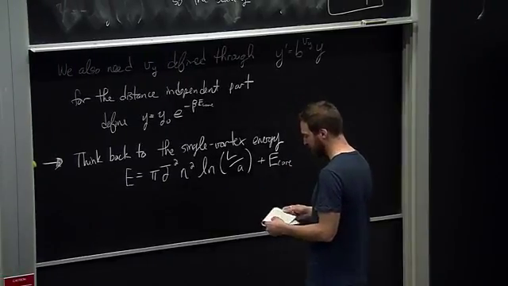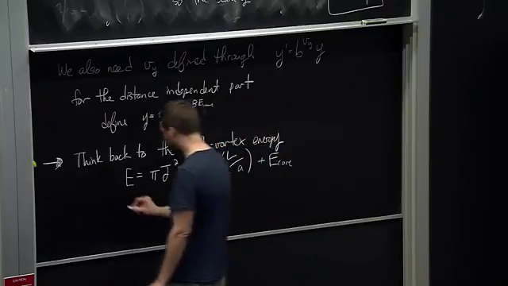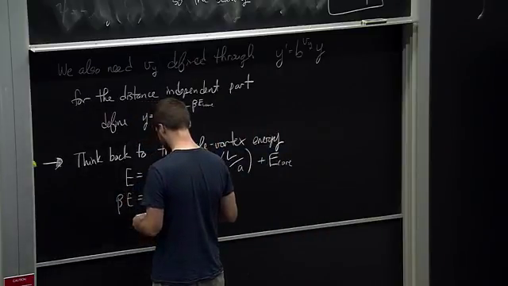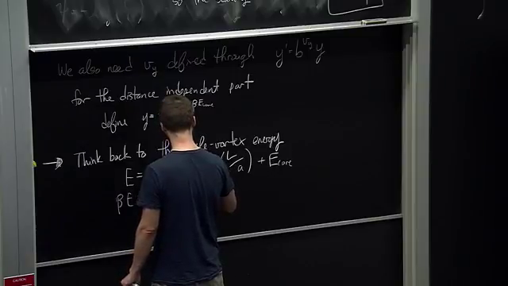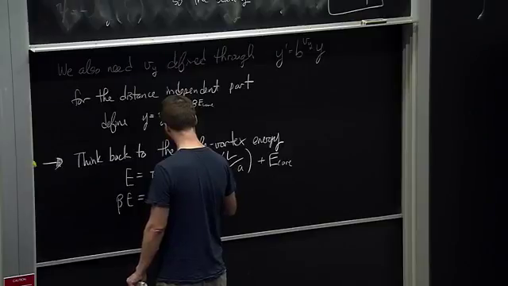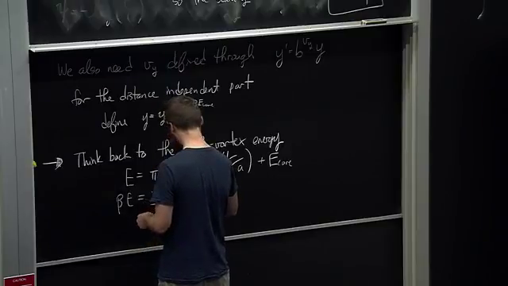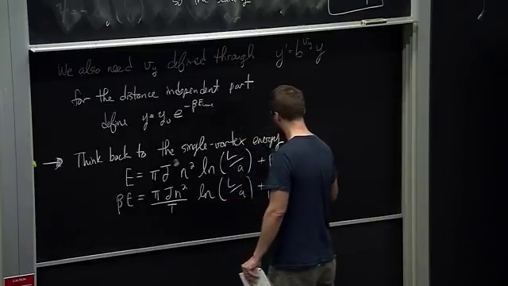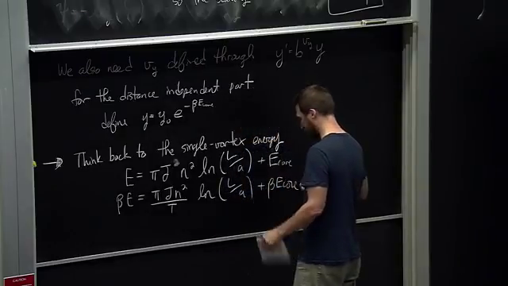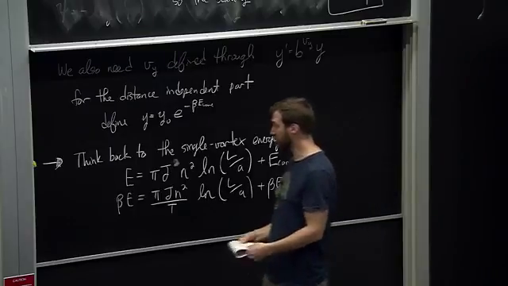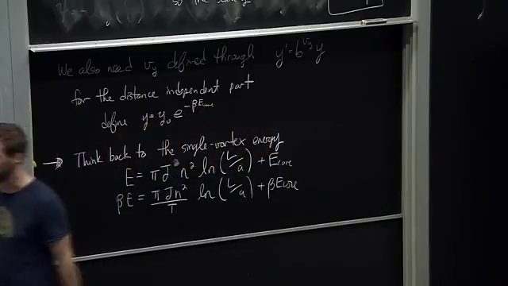So then beta times this thing, which I'm going to put in my exponential, is pi. Why do I have a j squared? It's only a j. So it should be j n squared over t ln. Okay, so let's think of the grand canonical partition function for one core.